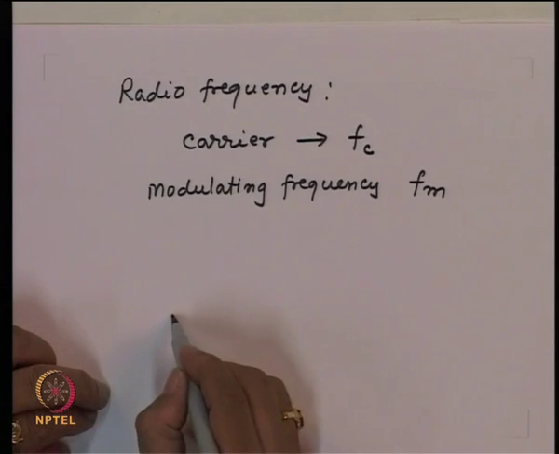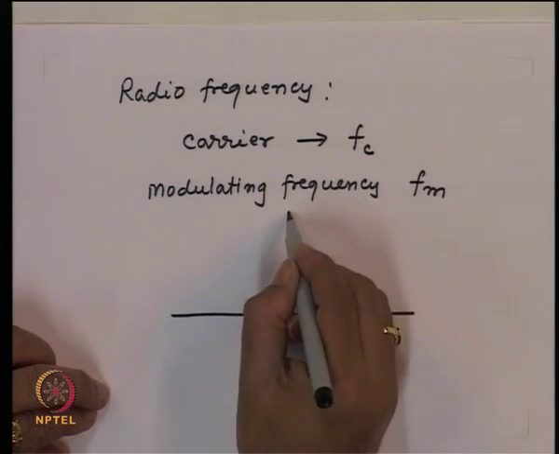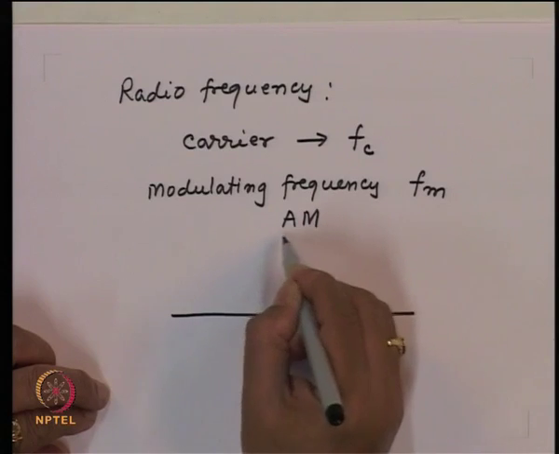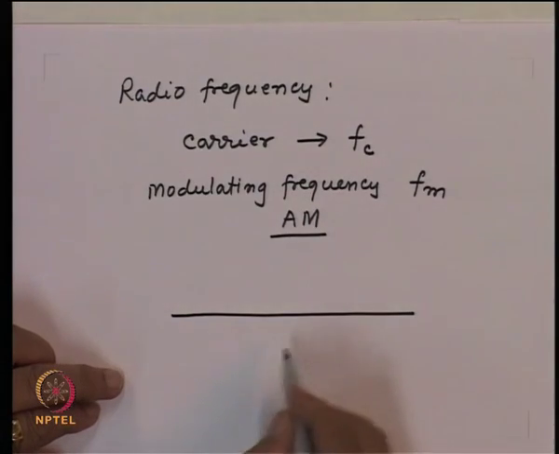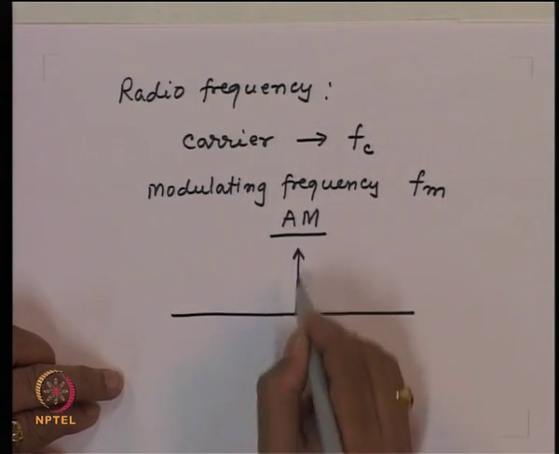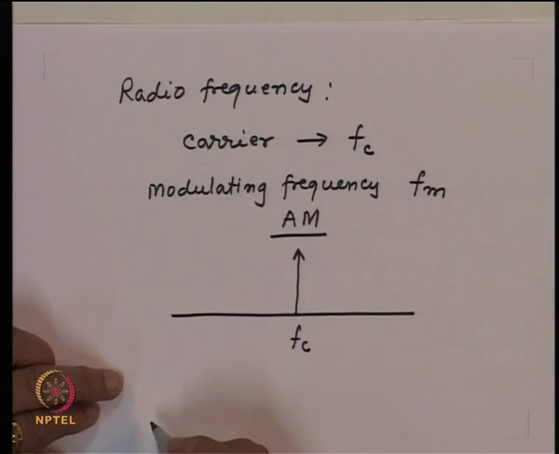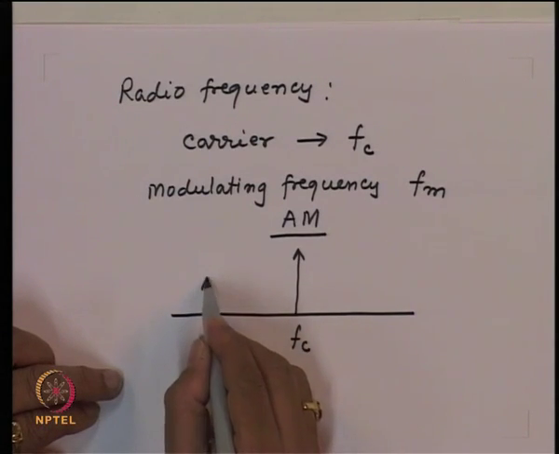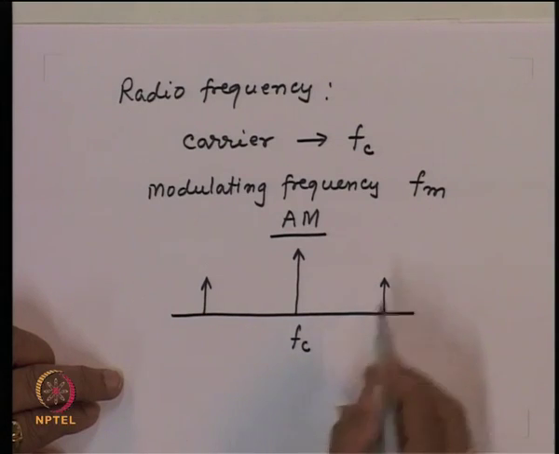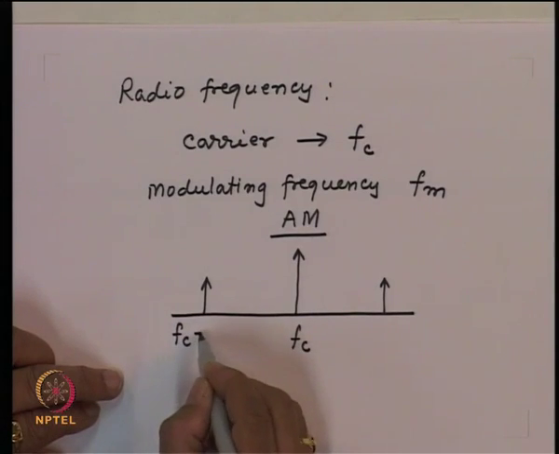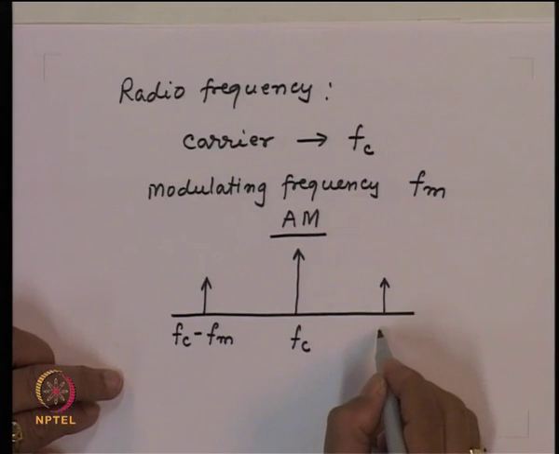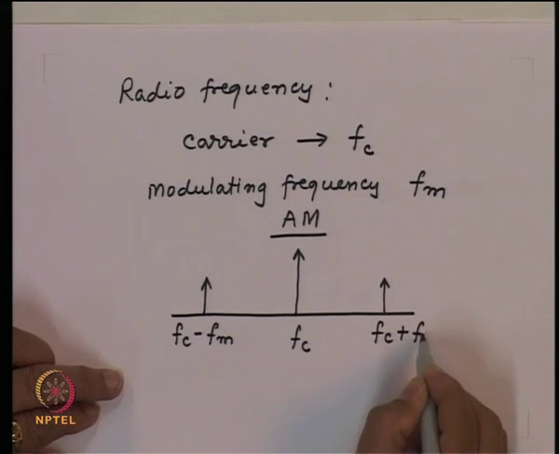So, if I look at the spectrum of a signal which is an AM signal, we get a carrier frequency which is fc, we get what are called the side bands, which is fc minus fm, and fc plus fm.